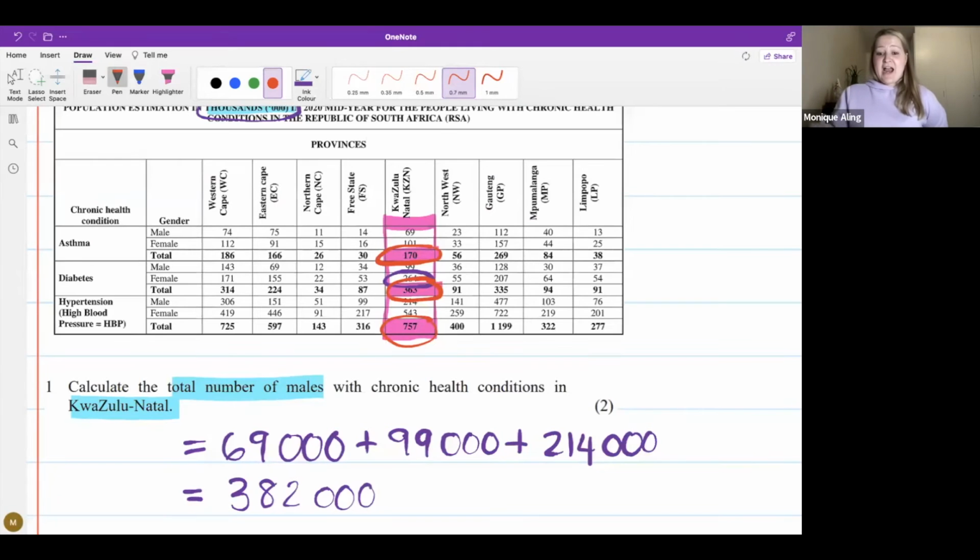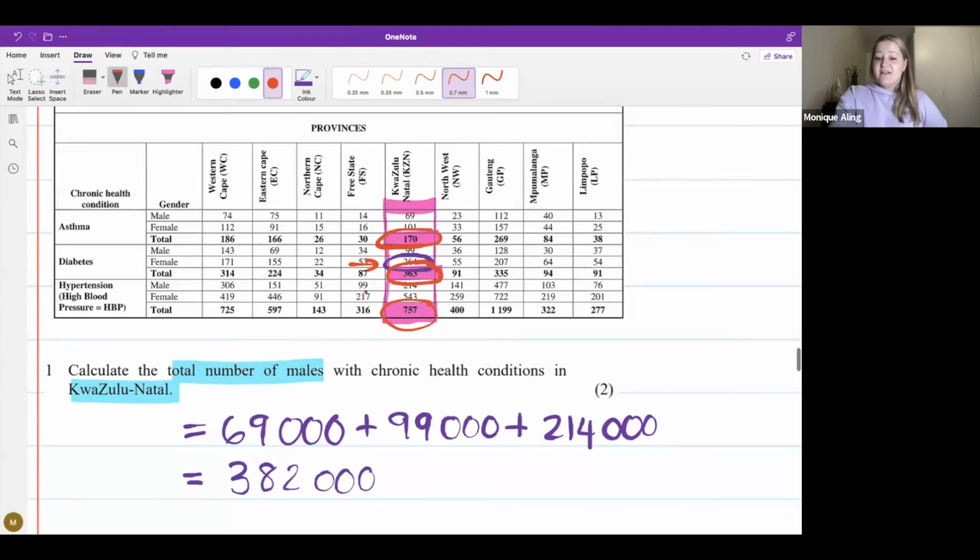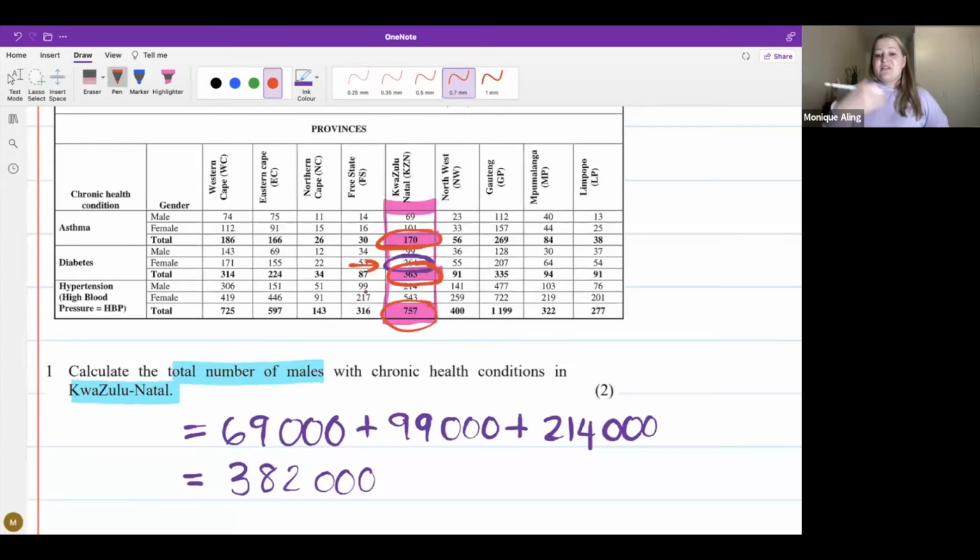And then I looked at how many females had diabetes, which was the 264 over here. So I take what I'm looking for, which is the female with diabetes, over the total, and I just times by 1,000. Okay, I know it was worded in a very confusing way, because naturally we just want to look at what is the chance of someone having diabetes amongst all those that have diabetes and not all the other illnesses.